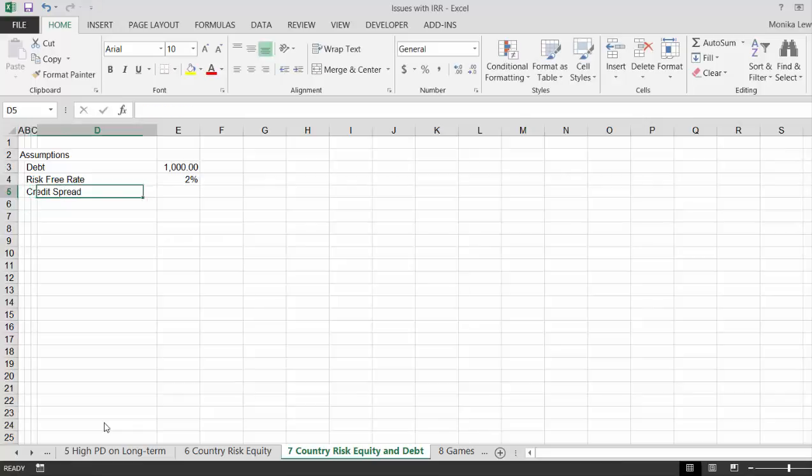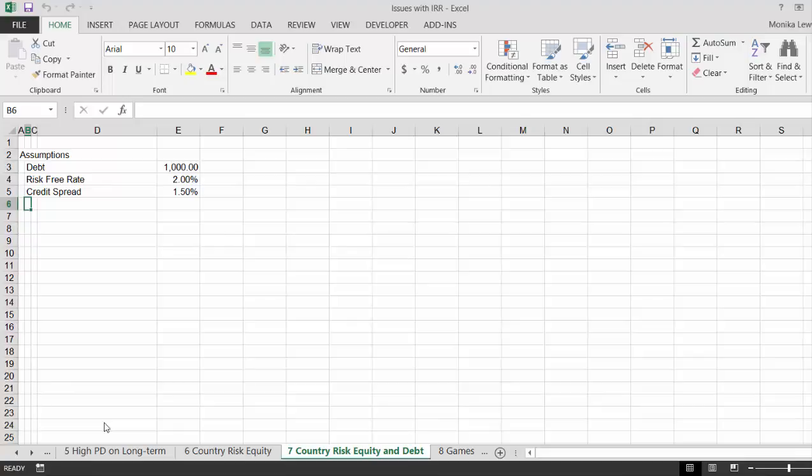Okay, and let's make the credit spread 1.5%, which is kind of a long-term number for project finance.